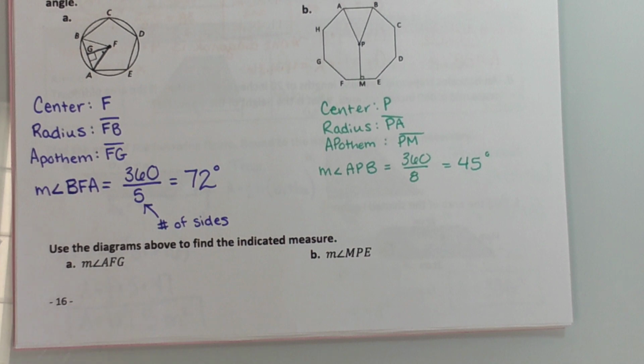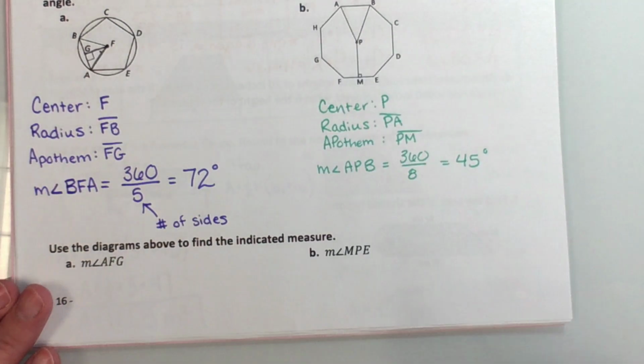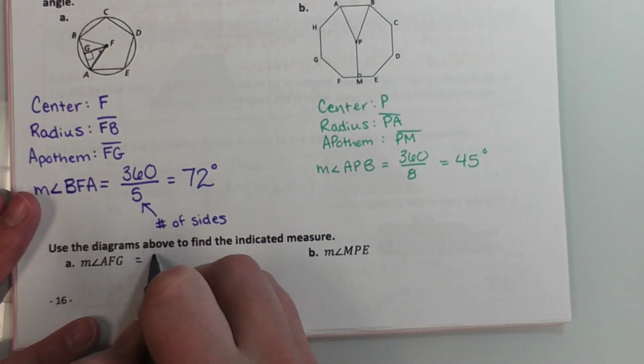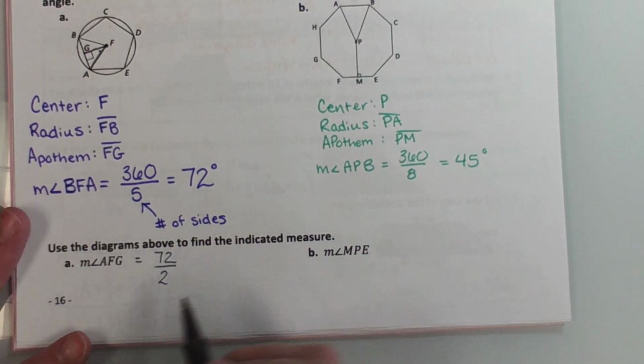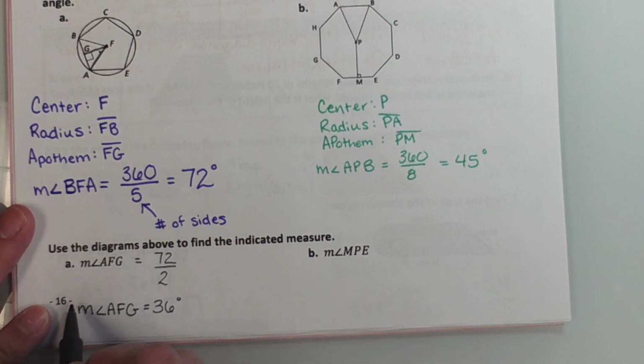And if you draw the altitude down an isosceles triangle, which is what the apothem essentially is, it creates two congruent little mini triangles right there. And their measure is half this. So, split it in half. The measure of angle AFG is therefore 36 degrees.